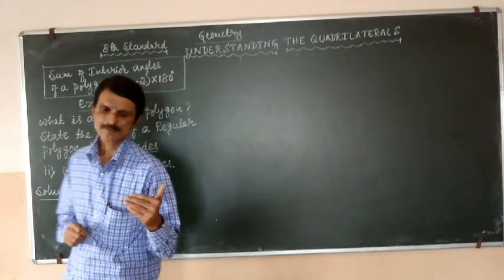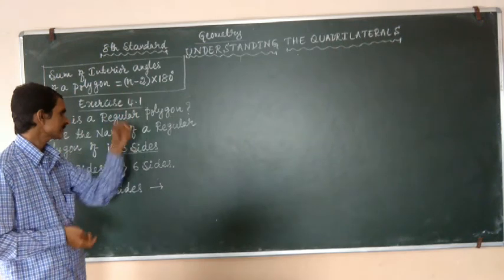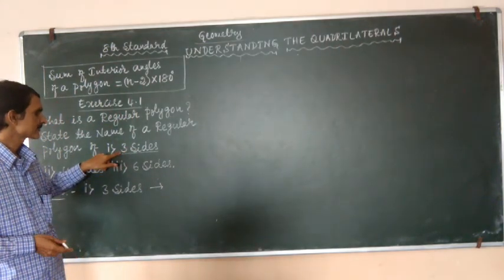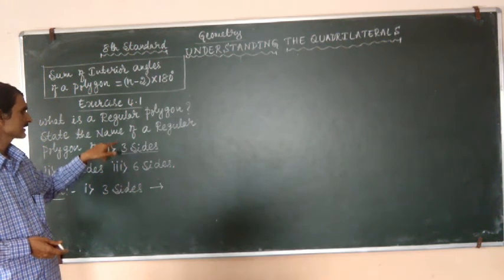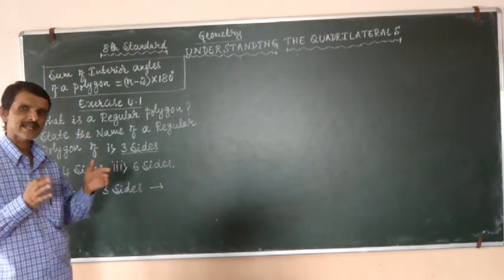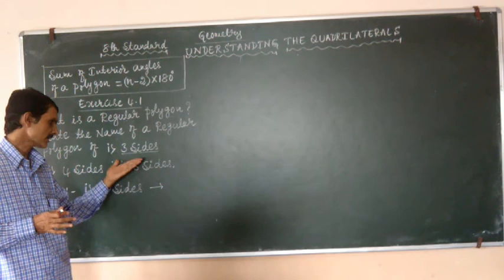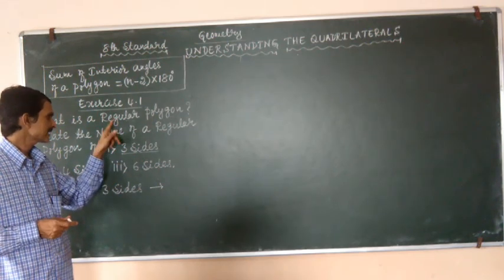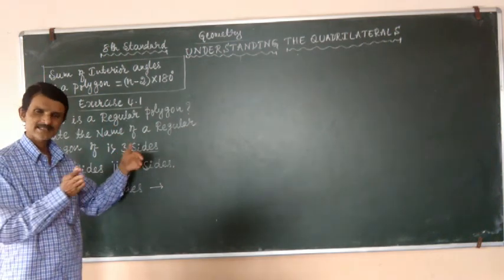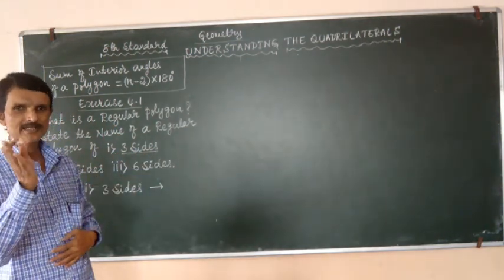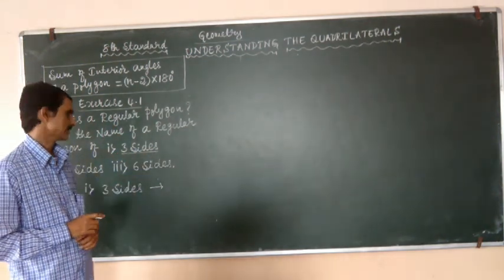So which type of triangle should it be? Yes, it should be an equilateral triangle, because according to the definition of a regular polygon, all sides are equal and all angles must be equal.